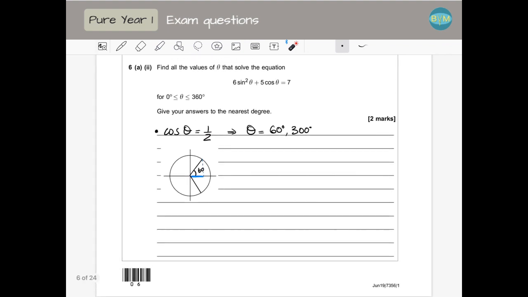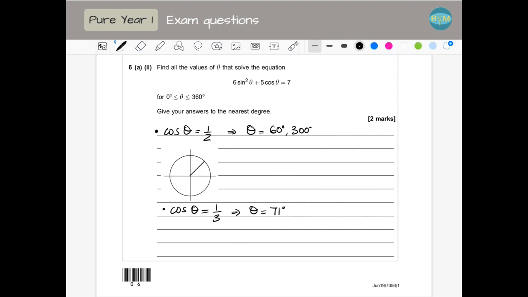The other option is that cos theta is 1/3. And when you do inverse cos of a third, you get that theta is 70.5 degrees, but you have to round to the nearest degree. So 71 degrees. If we think the same here, instead of 60, I have 71.